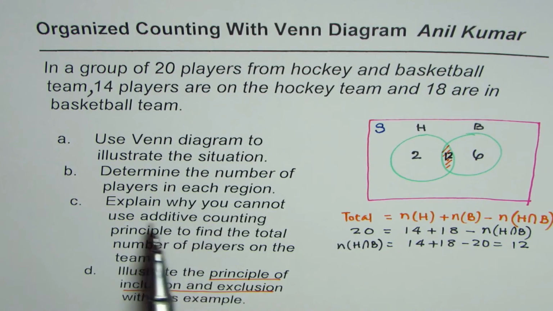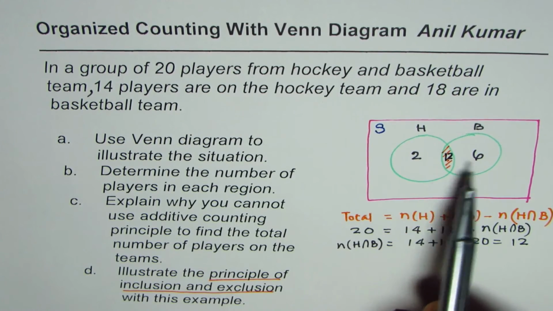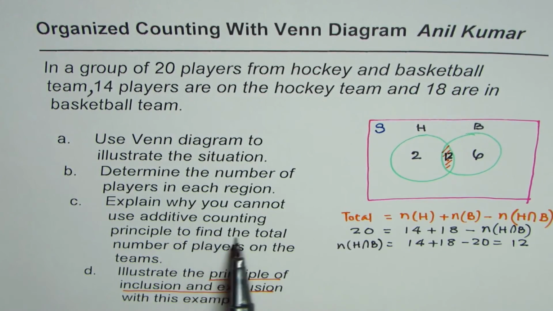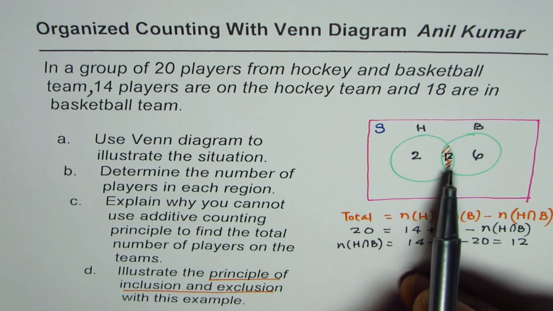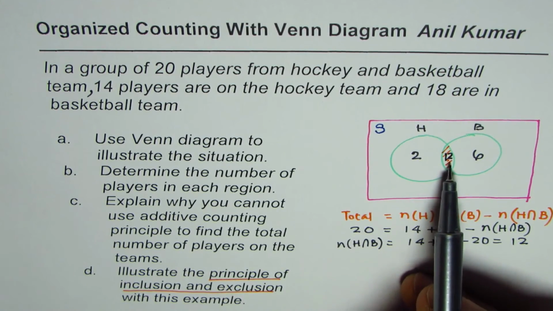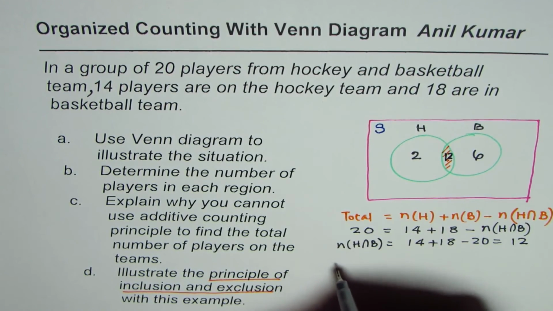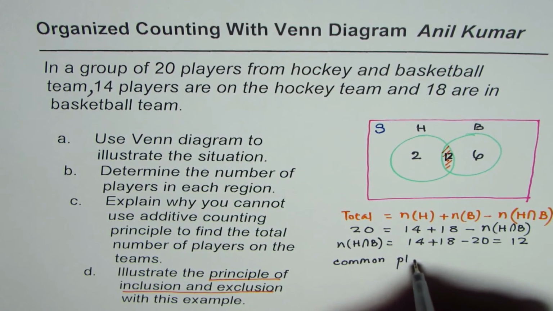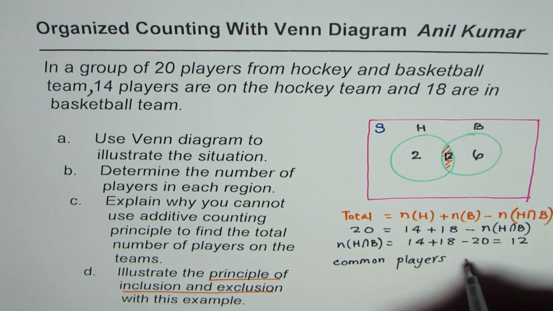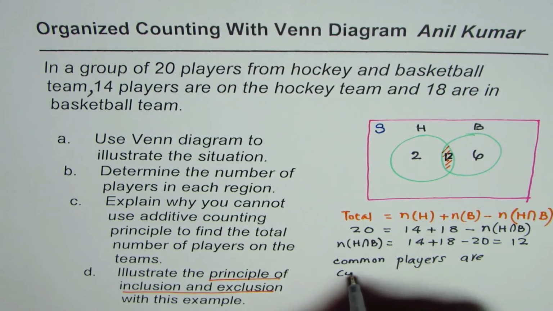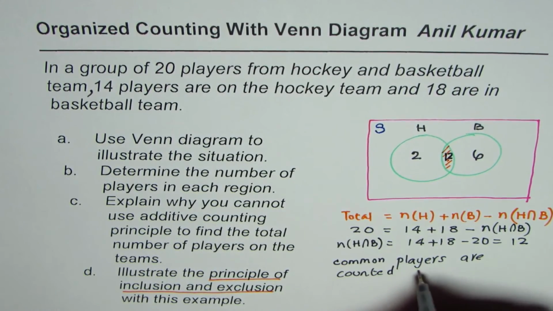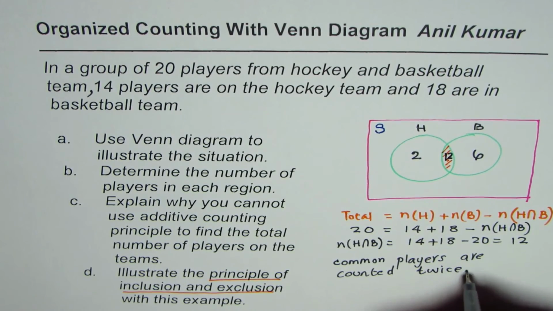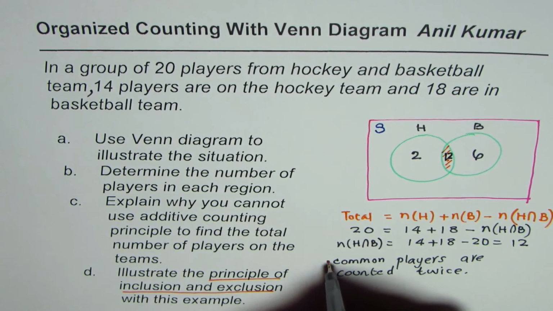Explain why you cannot use the additive counting principle. We cannot use the additive counting principle to find the total number of players since the players which are common are counted twice. So that is the reason, right?